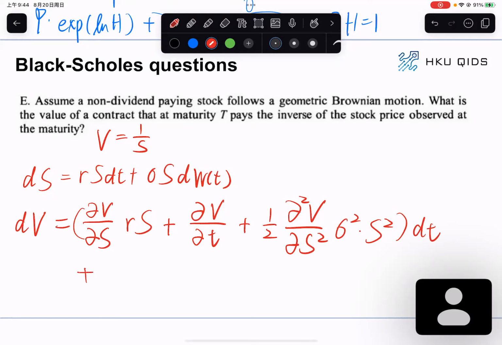And we also have a second part, which is dV/dS times sigma S dWt, right?